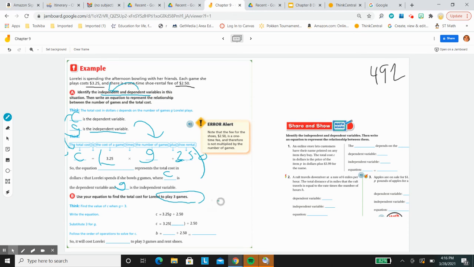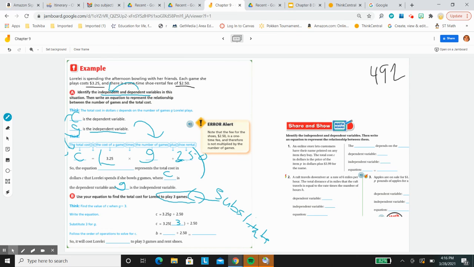If I do that, I can substitute for the G. This 3 is G. So down here in my equation, $3.25 times G plus $2.50, I'm going to put a 3 in here. I'm going to substitute. Now I have to do the math.